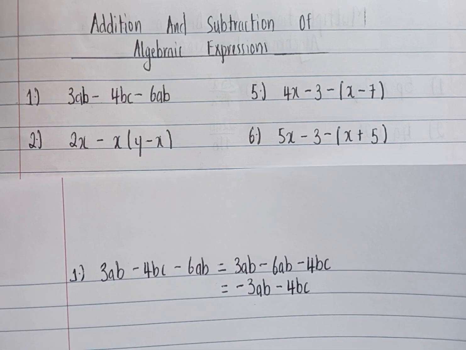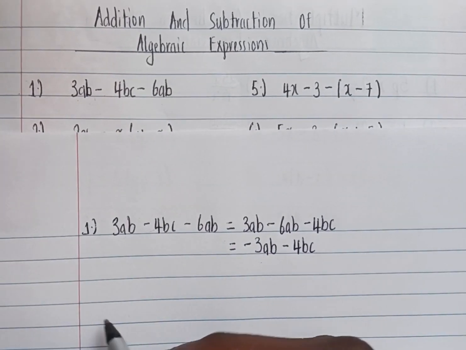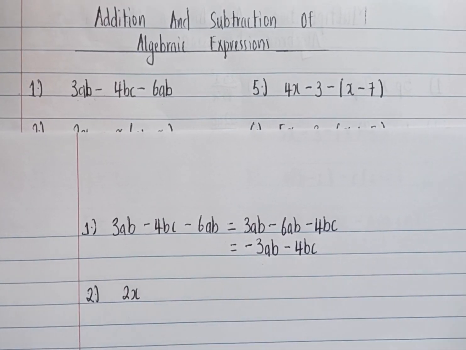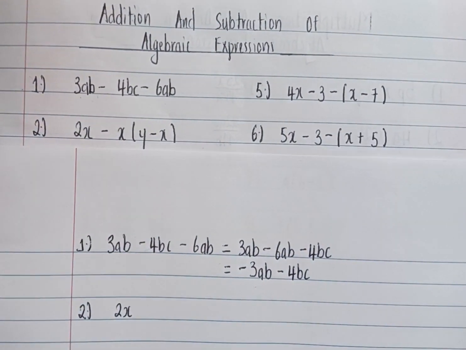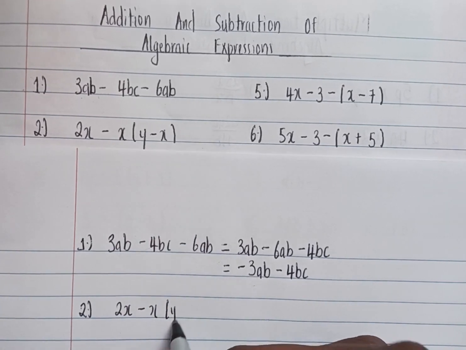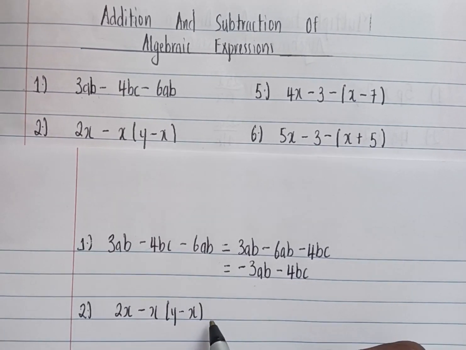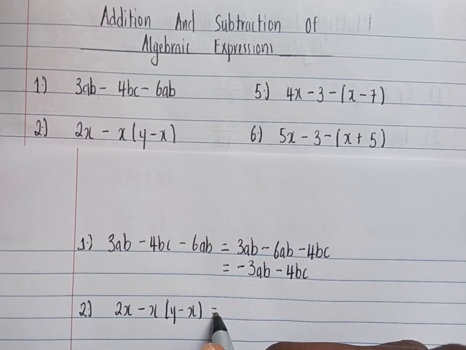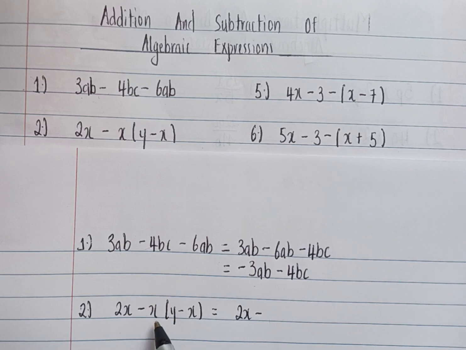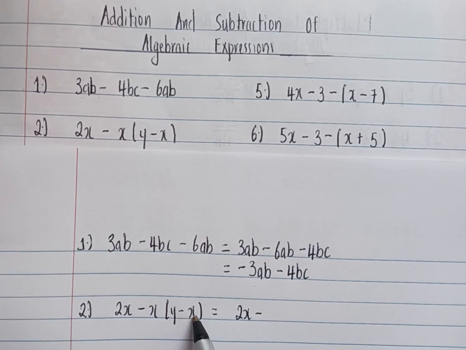We have number 2. We have 2x minus x times y minus x. So this equals 2x minus, we see that we have an expression x times another expression, y minus x.